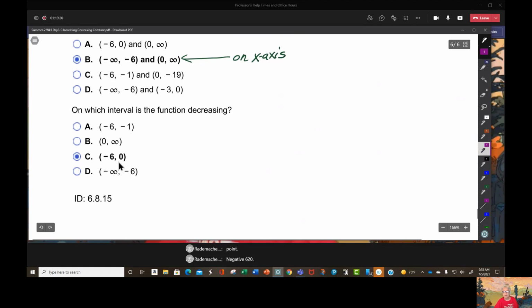And there it is right there. So let us write on the x-axis. Now that's an interval, remember, from -6 to 0 on the x-axis.